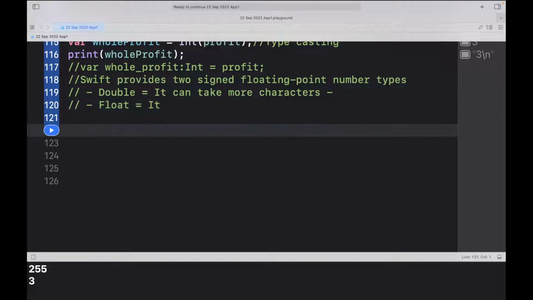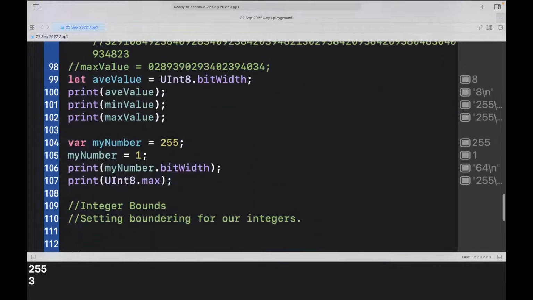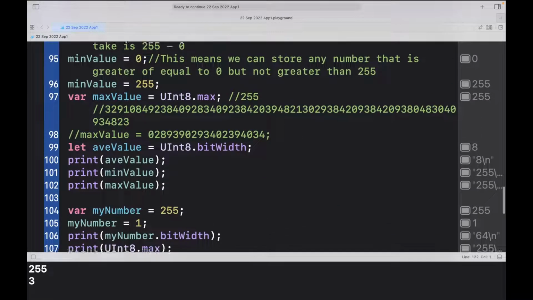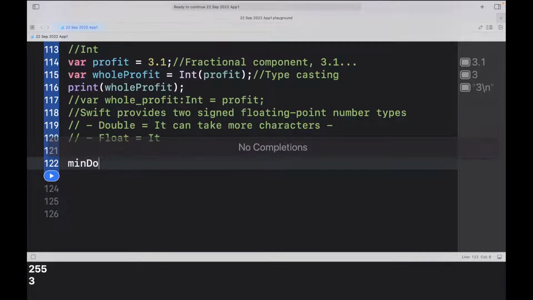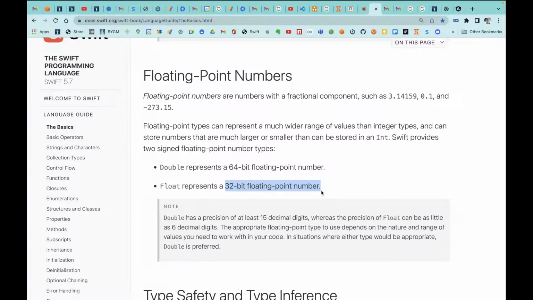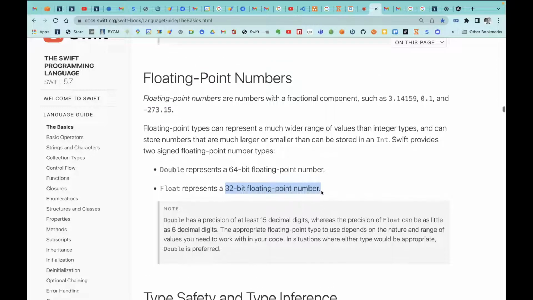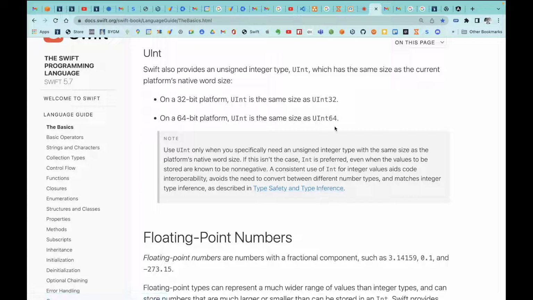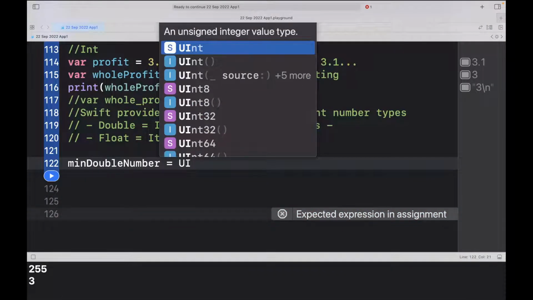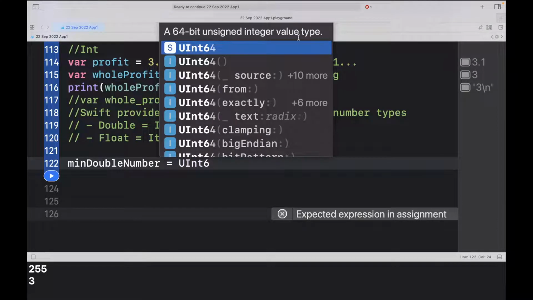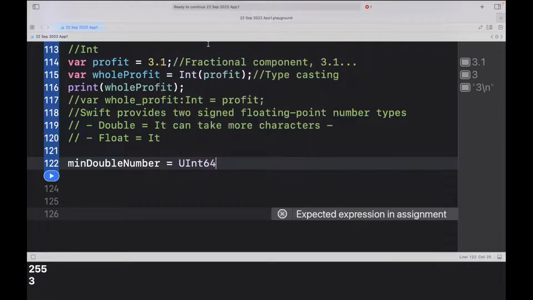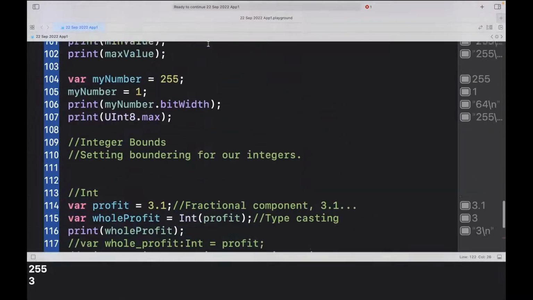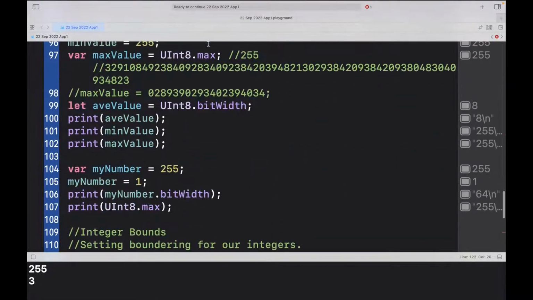Let's check it here. I don't know how we're going to do that, but apparently we can check it, as we're able to see here. Min double number. Let's check what it's using. It doesn't use UInt like we've seen before. Okay, well, we know UInt. Let's say max.